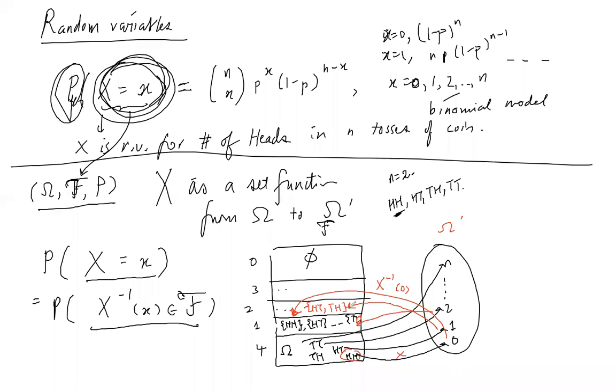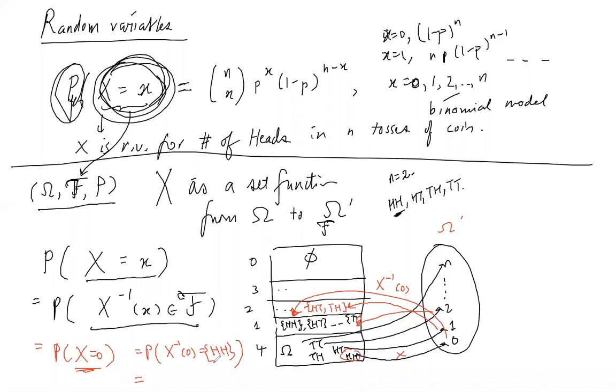So now it is in this sense that you basically can talk about P(X = 0). When you talk about P(X = 0), basically you are talking about this set. You're talking about X inverse of 0 is equal to HH.